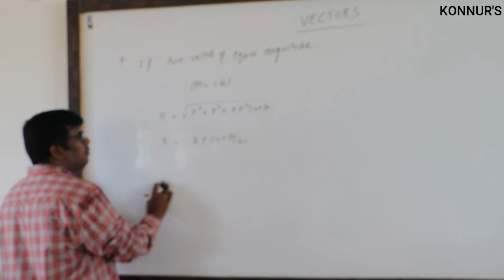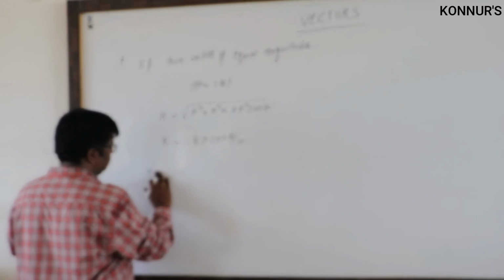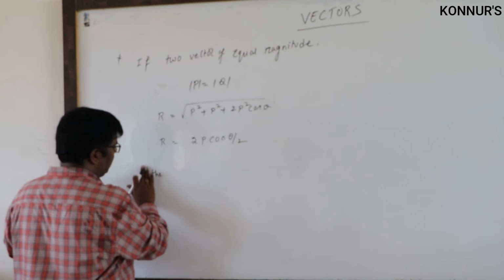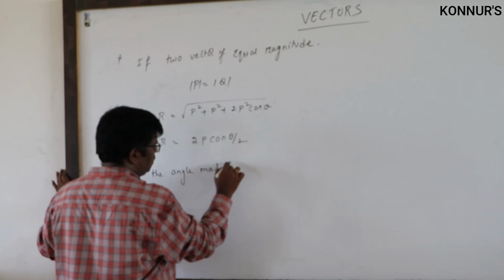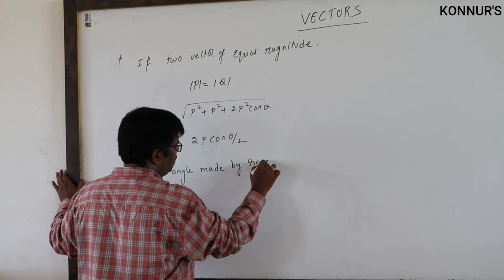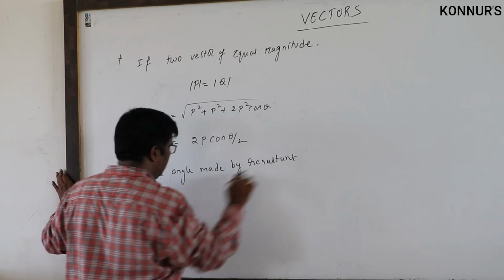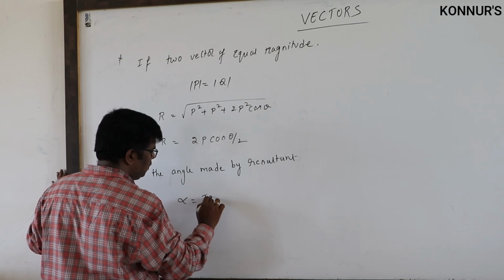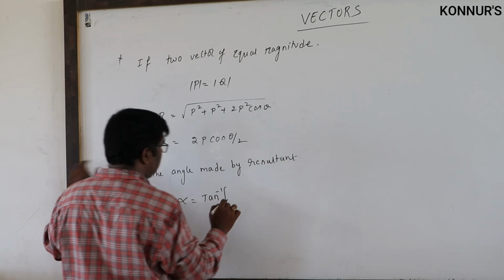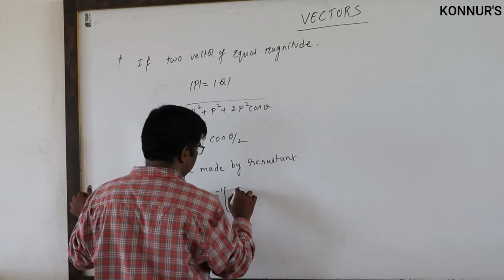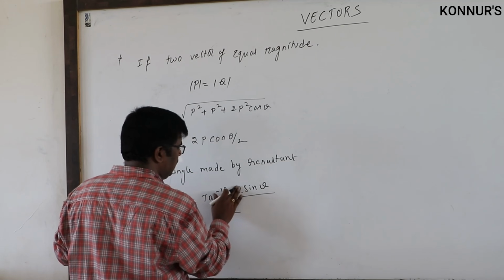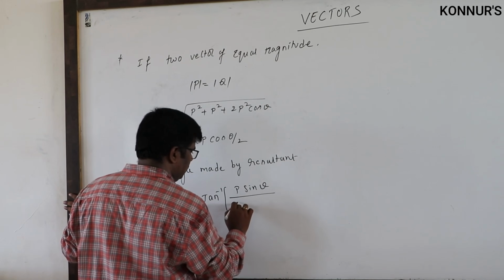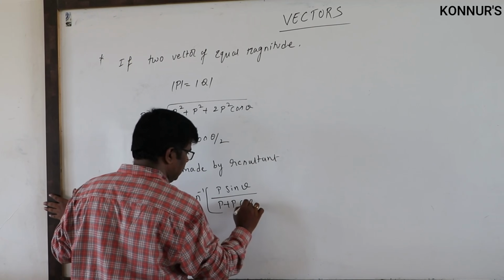The angle made by the resultant is alpha equal to tan inverse of Q sin theta by P plus Q. P plus Q here is P plus P cos theta.